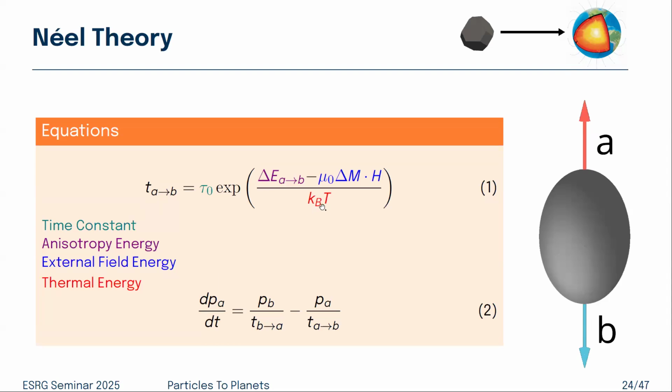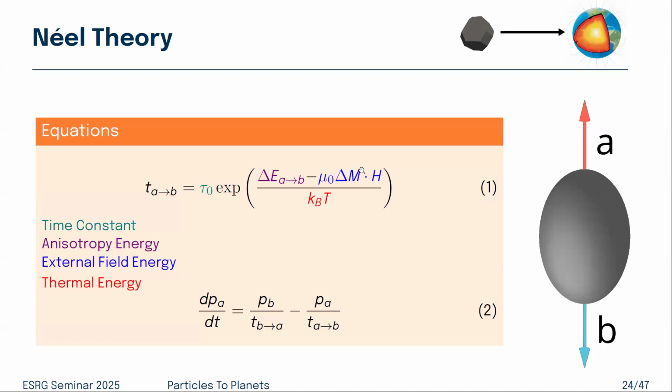So at high temperature, you're going to be able to switch really, really easily, and this thing is not going to record a consistent magnetization. It's just going to equilibrate with whatever field it's in. When you go to low temperature, it becomes locked in, or what's known as blocked, and then your magnetization is able to stick around for millions to billions of years.